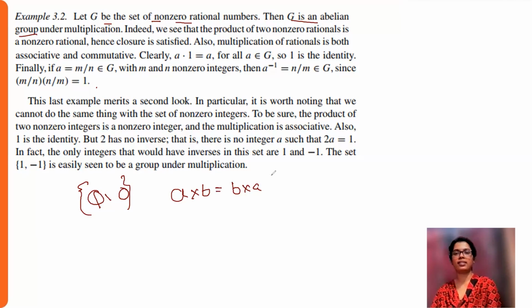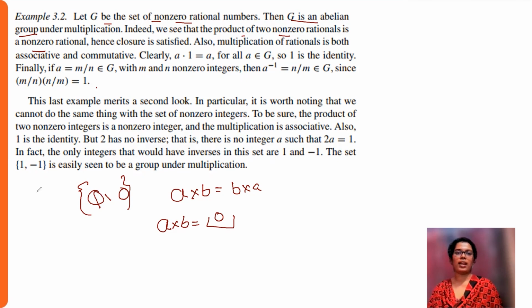We can also see that the product of two non-zero rationals is a non-zero rational. So the question may arise whether, if we remove 0 from the rationals, it will be closed? We always know that if you multiply any two non-zero rationals, you will get a non-zero number. We want A cross B to be 0, which is not possible, right?